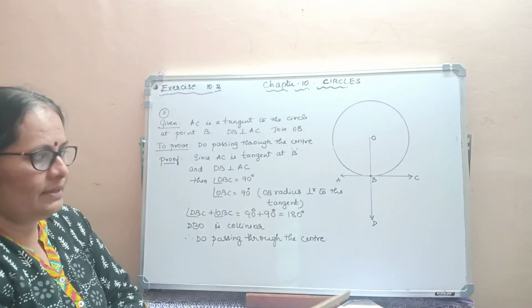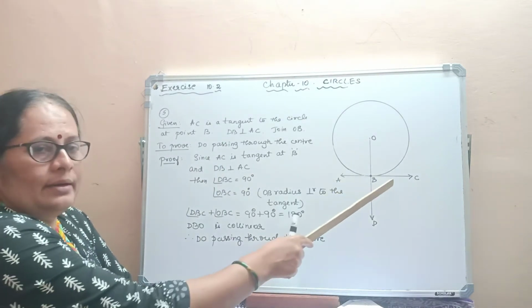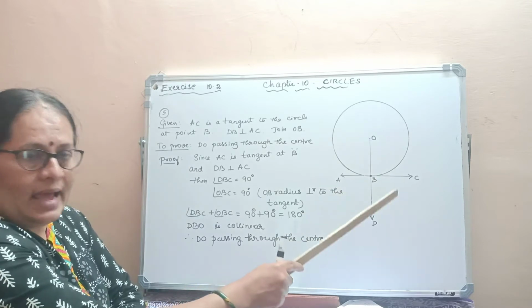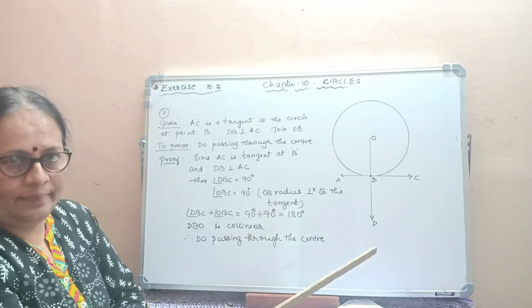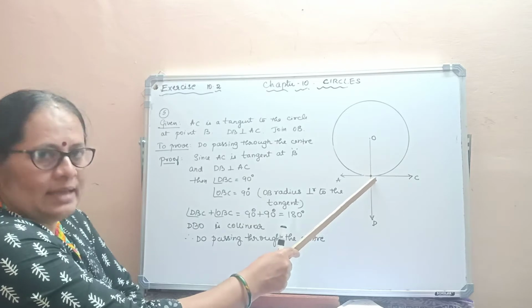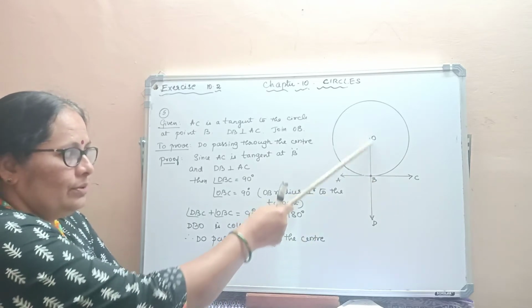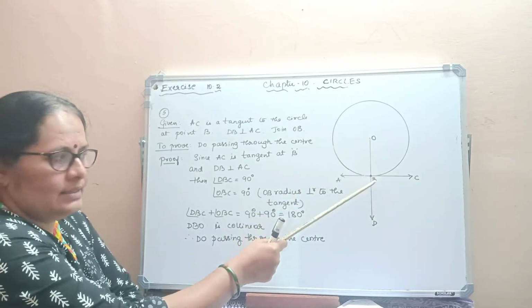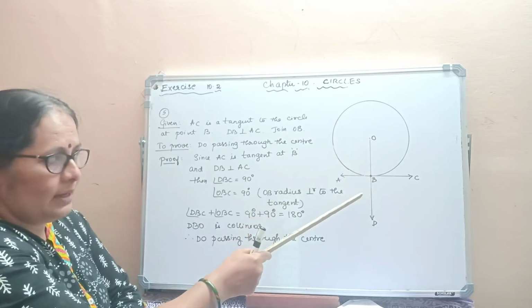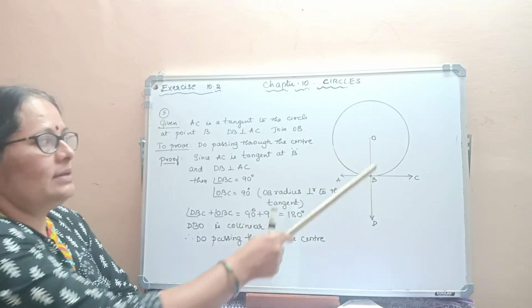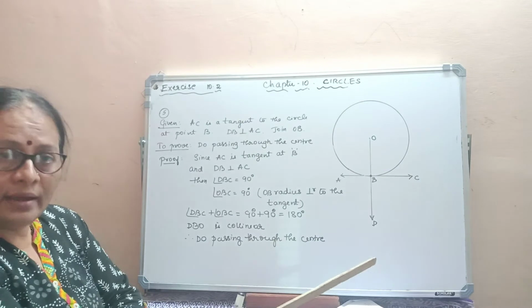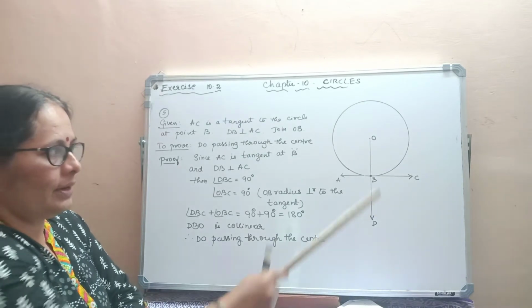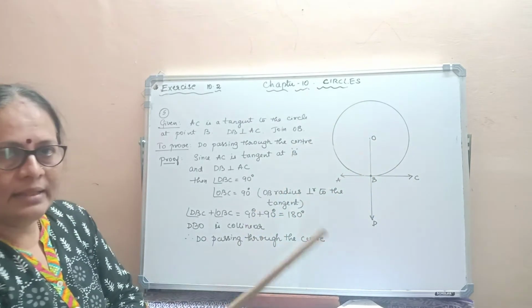At first what did we take? DB perpendicular to AC, where AC is the tangent at the point of contact. So DBC is 90 degrees. Then join OB. OB is the radius. So according to theorem 10.1, the radius is perpendicular to the tangent at the point of contact, so OBC is 90 degrees.